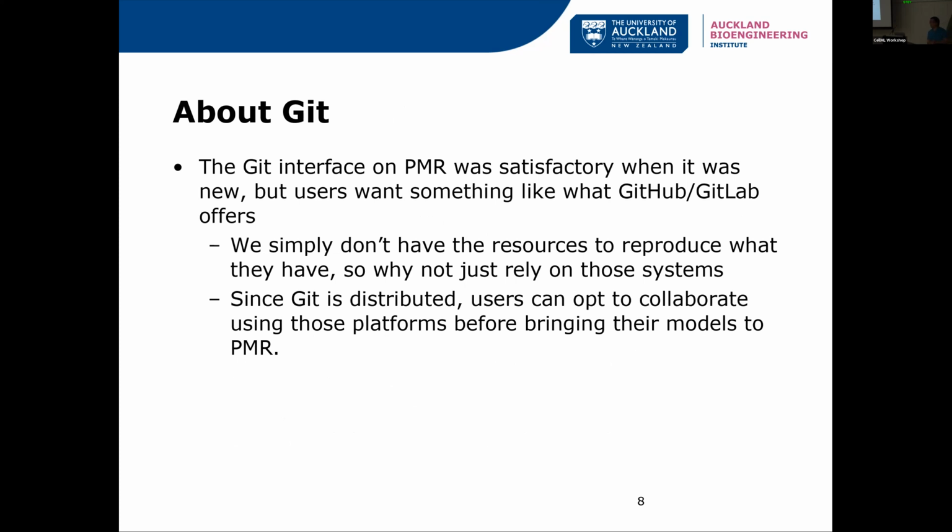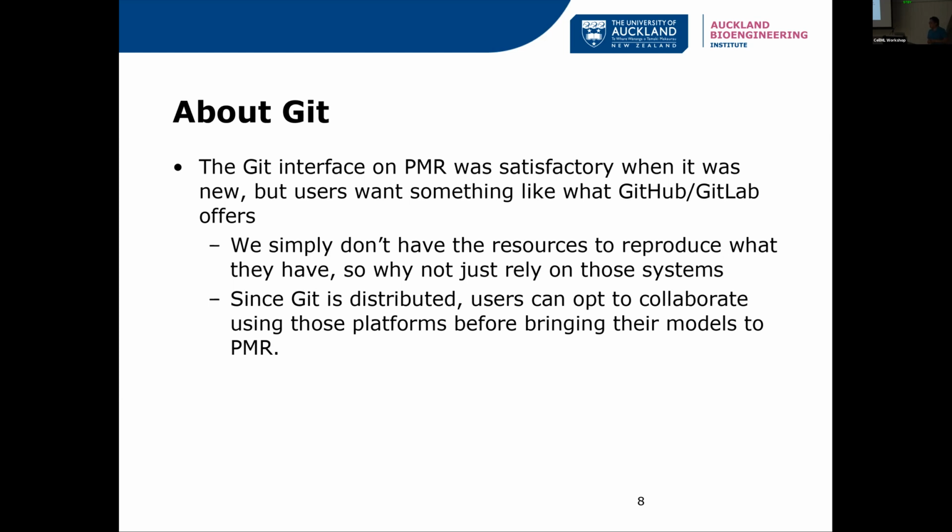Anyway, the issue is that we built the Git interface currently on PMR many years ago, before GitHub became popular, before people realized that pull requests are awesome. All these issue trackers are coupled in, and people want these capabilities in PMR in the Git repository, but we're just not really capable of providing all that with a development team of size one, which is me.